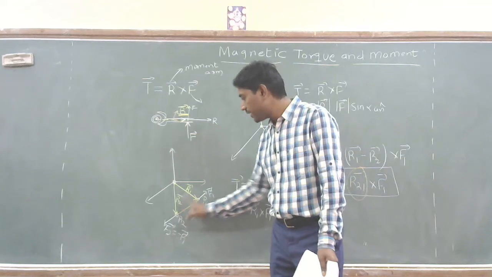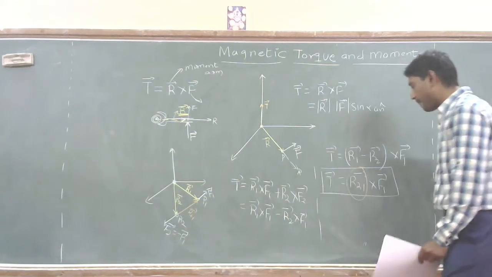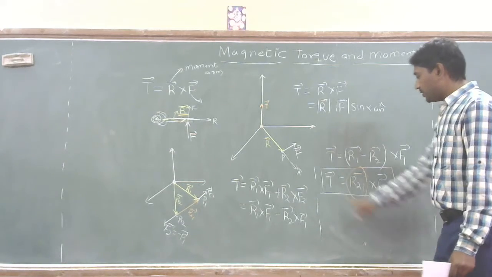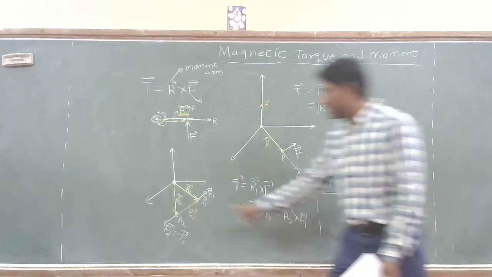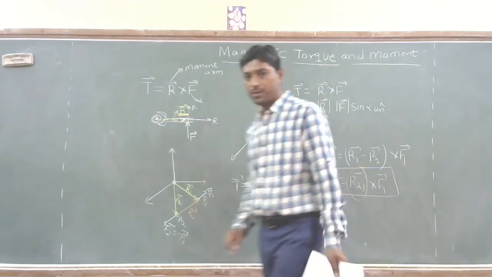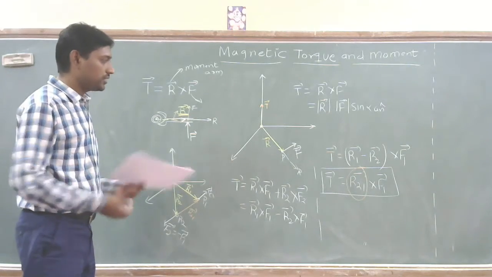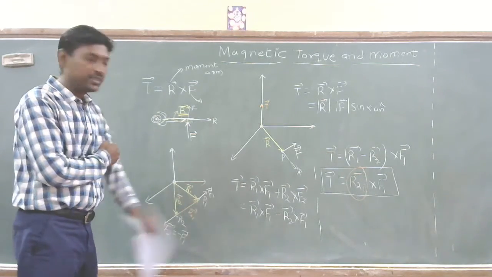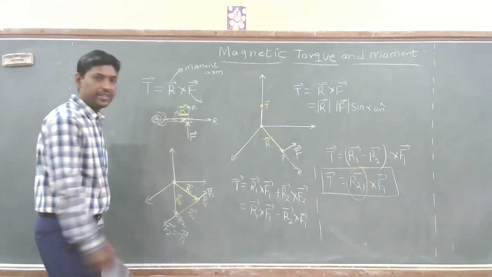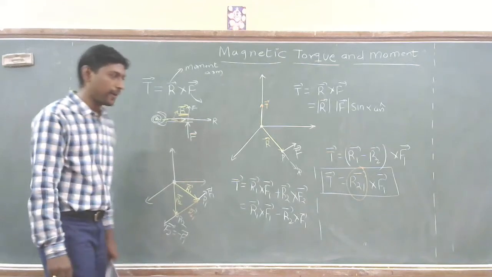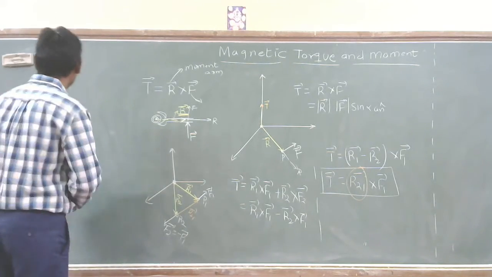It is not dependent on r1 and r2, the individual moment arms. So the total torque is not dependent on the individual moment arms, and therefore I can conclude that the torque is also independent of the origin where we define the torque. This is an important result.